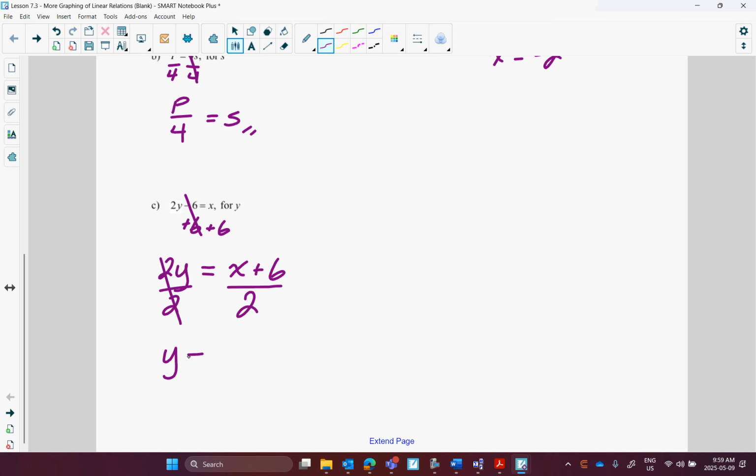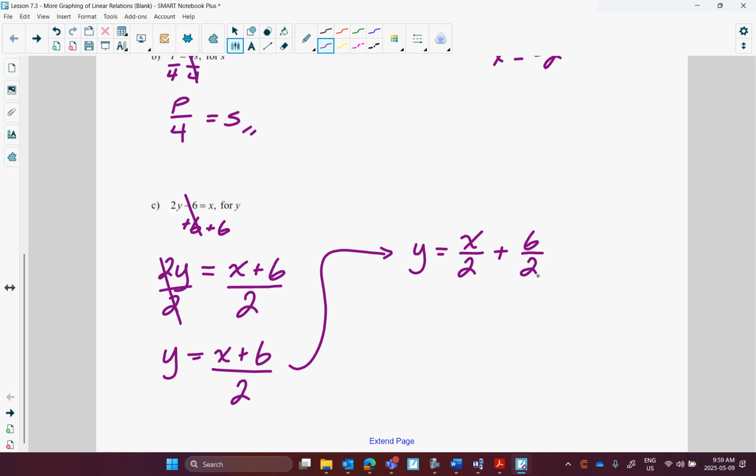So you get y equals x plus 6 divided by 2. Or you could do this, and you should get used to this. Remember when we divide more than one term by one thing? We do the first term divided by 2 plus the second term divided by 2.